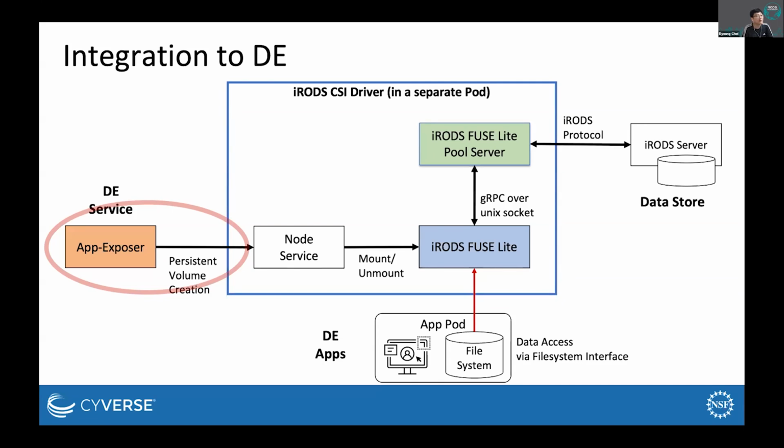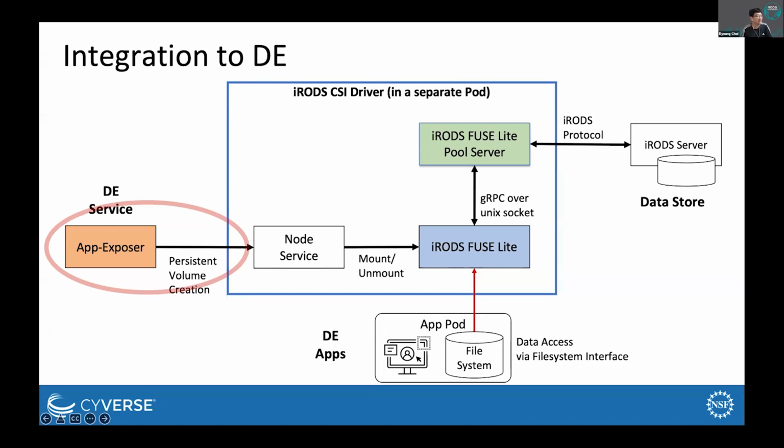Then it creates a Kubernetes pod for the app here. The persistent volume creation request is sent to iRODS CSI driver to control iRODS Fuse Lite that runs inside of the CSI driver pod.